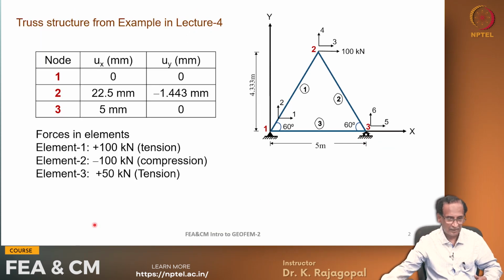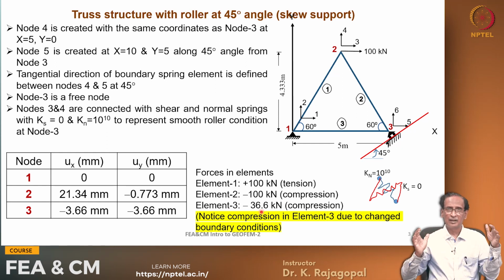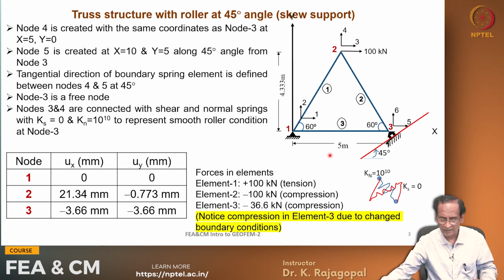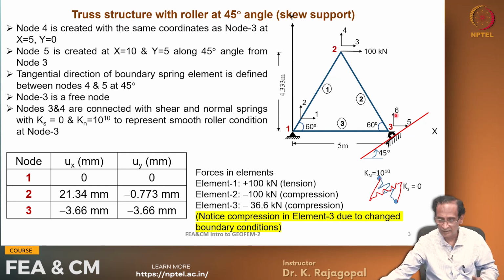But now it has a force of 36.6 and that too in compression. See, actually the nature of force in element 3 has changed from tensile to compression because of the change in the boundary conditions.